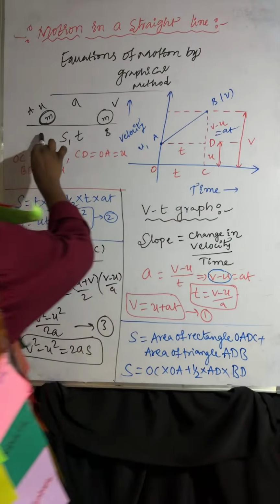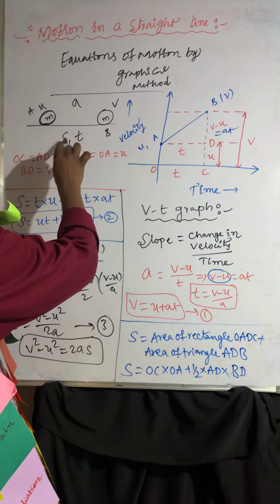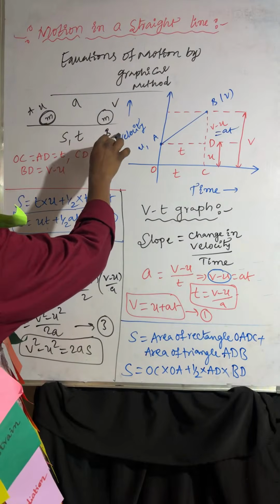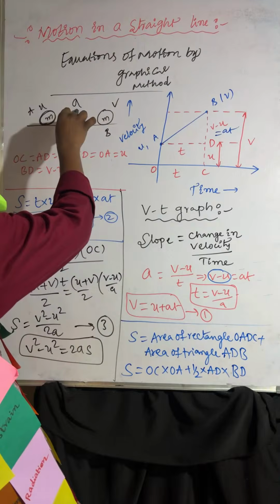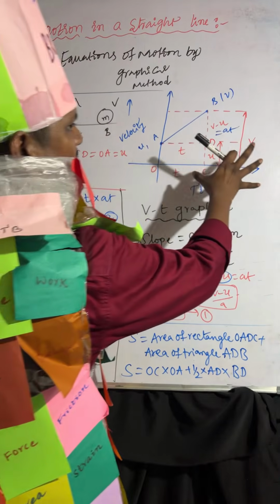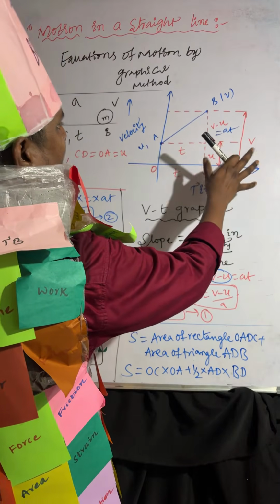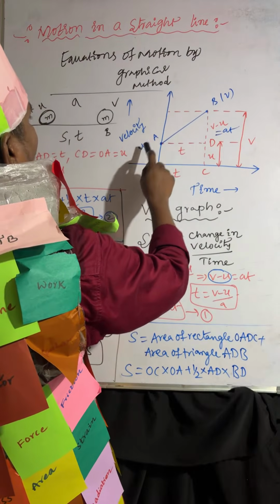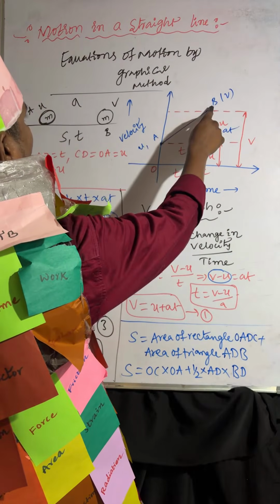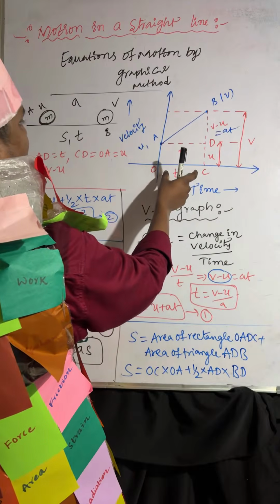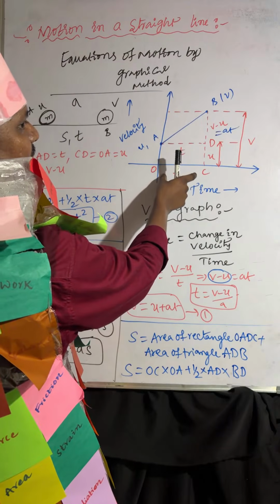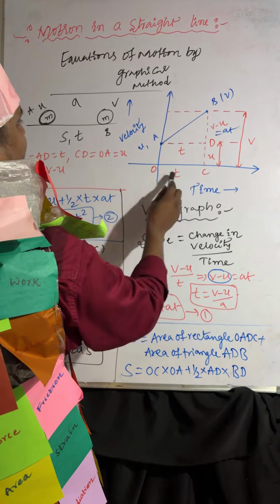The object is at position A. It travels a certain distance, and after a certain time it reaches position B with final velocity V and acceleration A. The same situation we are representing on the graph. Initial velocity U, final velocity V, and time is T.